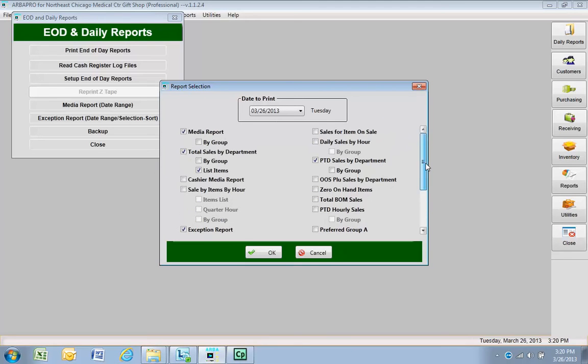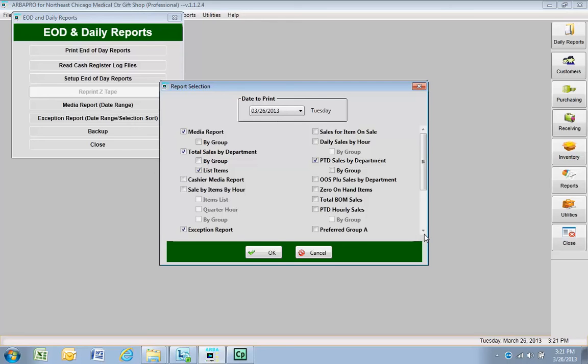You've got the ability to look at cash balancing and reconciliation through your media report, total sales by department, exactly and specifically what you sold with your cost of goods sold and your gross profit percentage, media reports by cashier, performance, sales by hour, which items move best during which time frames, where you may want to be restocking and replenishing if you're seeing a higher volume of business in certain items in certain areas.